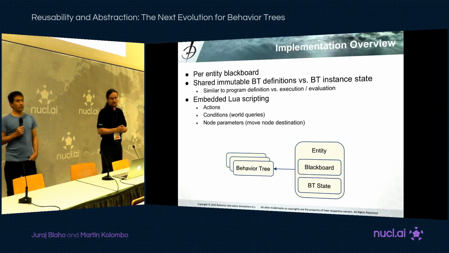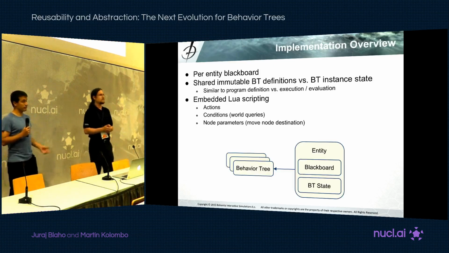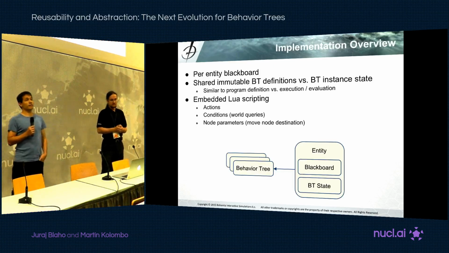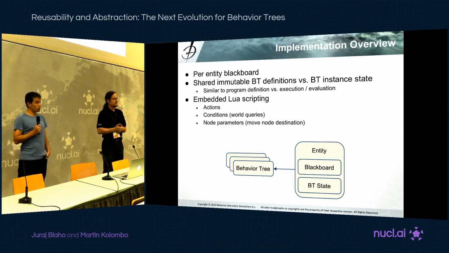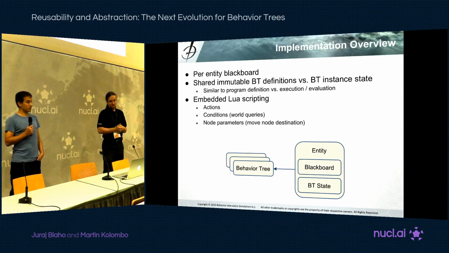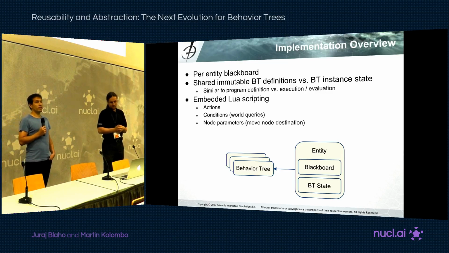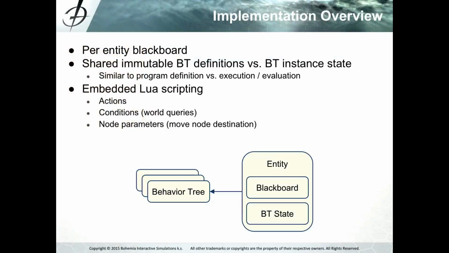In our system, we have entities, and each entity has its own blackboard. That's a place where behaviors can store custom values, for example entity mood, like how threatened it feels or how many enemies it's seen recently. Our behavior trees are all immutable themselves.